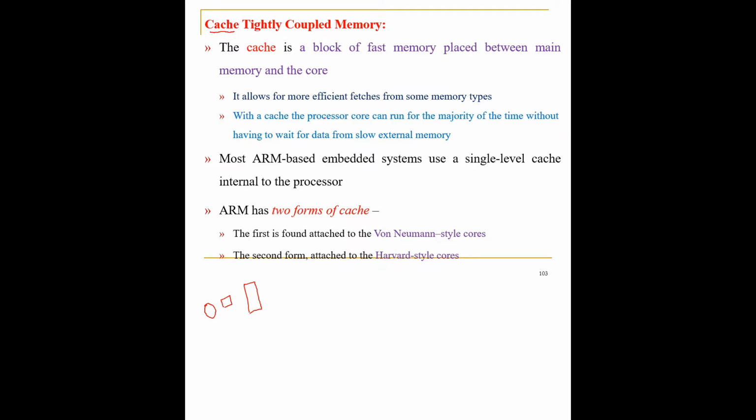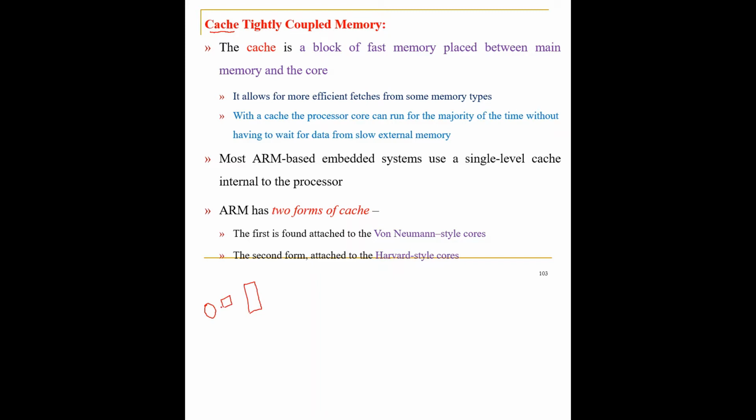With the cache, the processor core can run for the majority of the time without having to wait for data from slow external memory. If there is no cache memory placed here, the fetching process might take a little more time, or will happen a bit slower, and the processor has to wait. If a cache memory is placed here, it reduces the wait for data from the slow external memory.